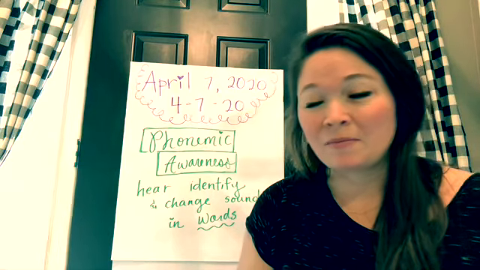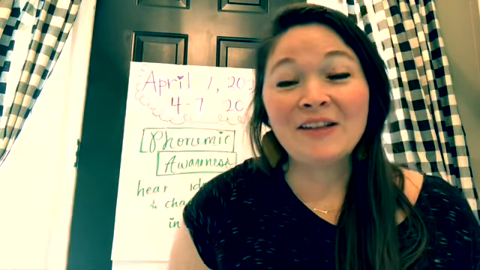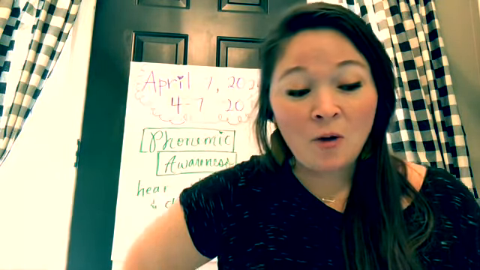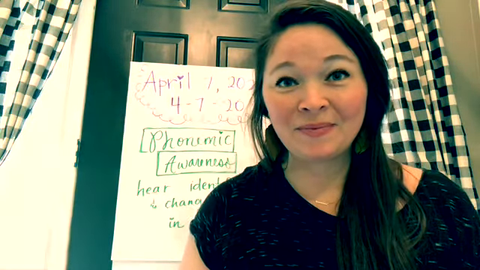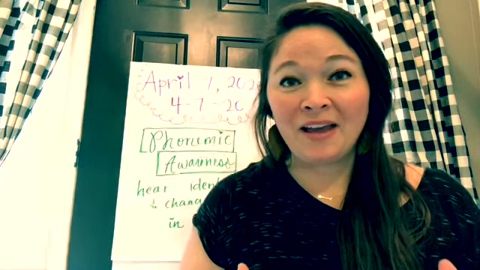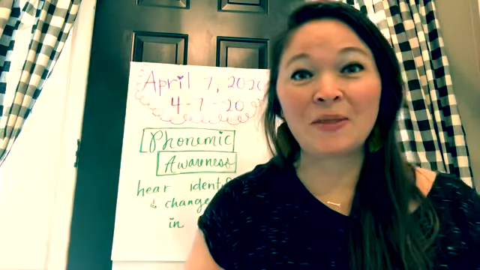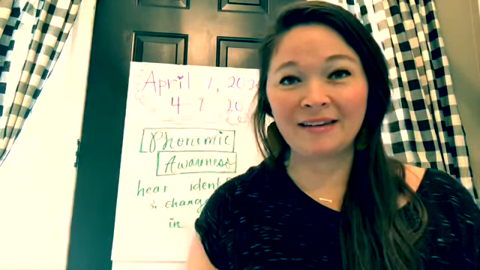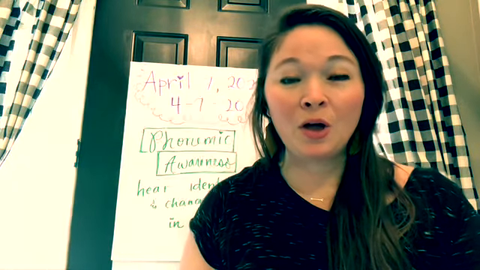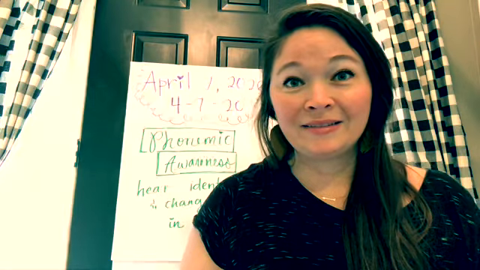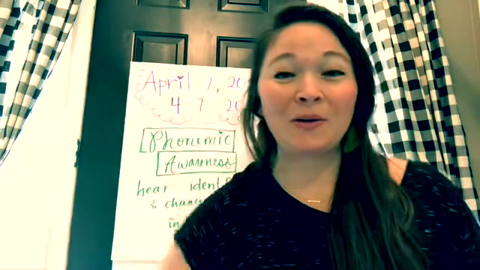Let's get started. Okay, so just like we did yesterday, we're going to punch out the middle sound. I'm going to tell you the word, and I want you to punch the middle sound when you say it. Okay? Like this. I'm going to say, join. You'll say, join, and punch when you hear the middle sound.